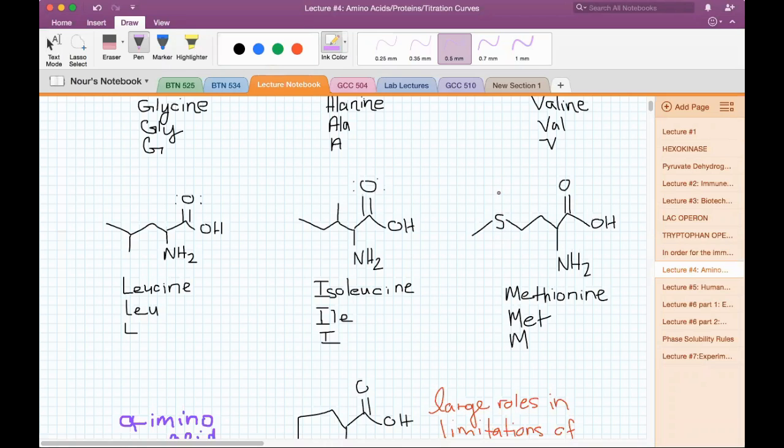Sulfur has a large amount of electronegativity, but if it were in cysteine, which I'll discuss in a minute, you would have a large amount of electronegativity here, so it would be polar. But in this case, because there's a CH3, it's stealing away that.